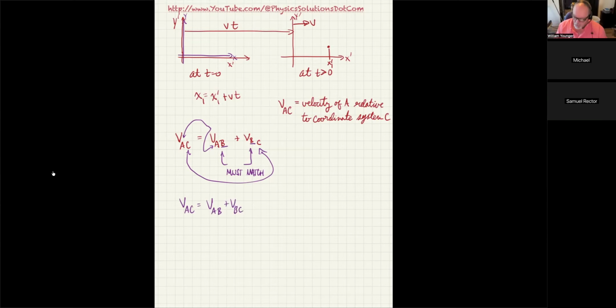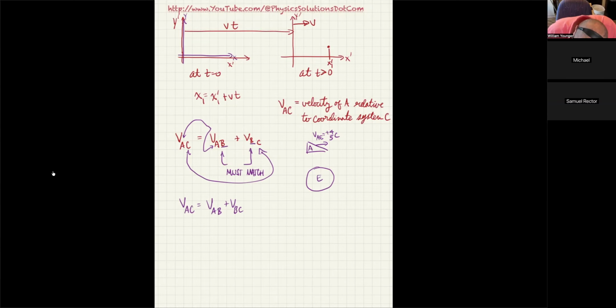That's a typical one. Now let me show you what that means. Let's imagine that this is the Earth, and there's a spaceship right here. That's spaceship A, and the velocity of A as seen by Earth is equal to positive 4/5 the speed of light.